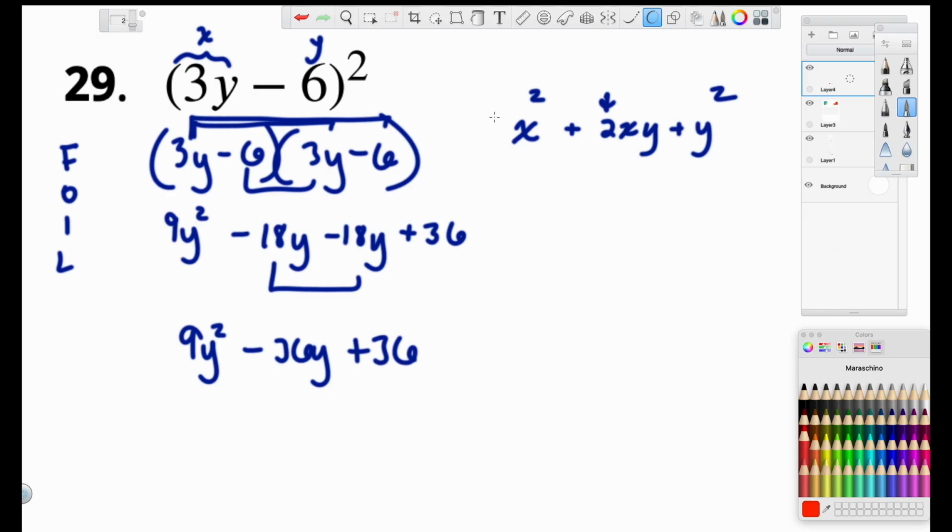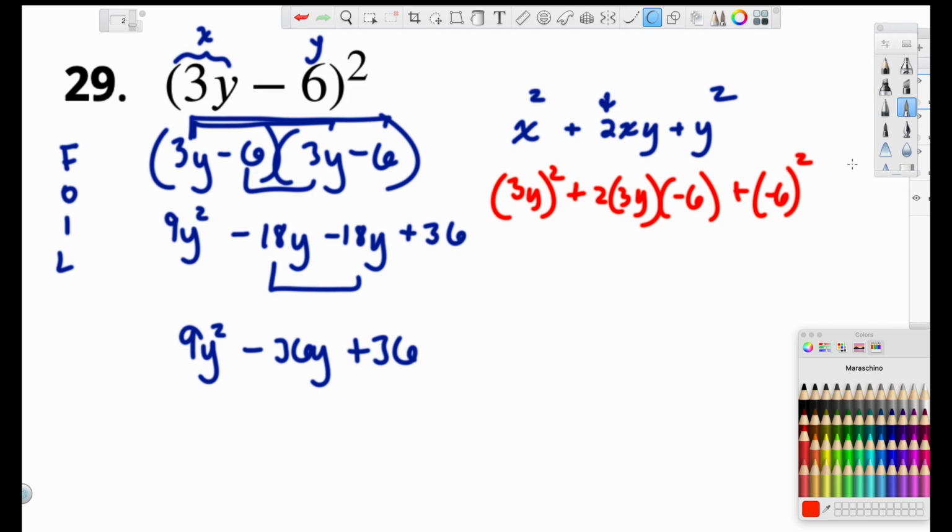So we could have used this. If I go this other way, I would say, ooh, x squared. So that's 3y squared, and then plus 2 times 3y times negative 6, plus negative 6 squared.